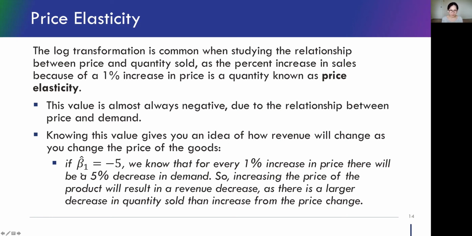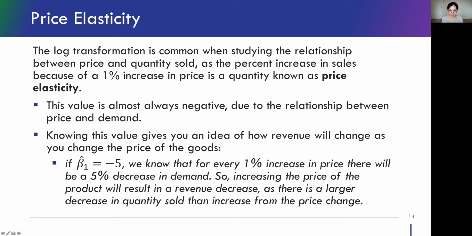So if this beta 1 is estimated to be -5, we know that for every 1% change in price, there will be a 5% decrease in demand because you have a negative sign here.